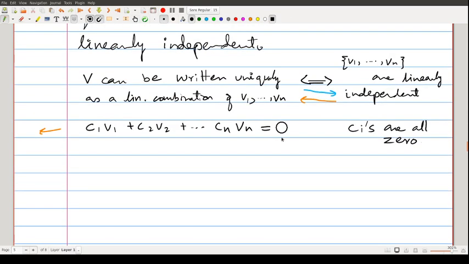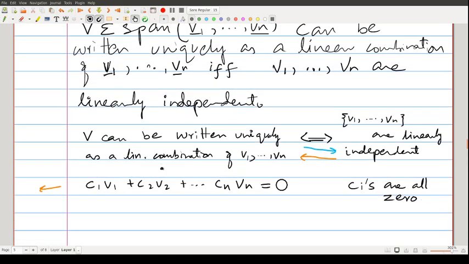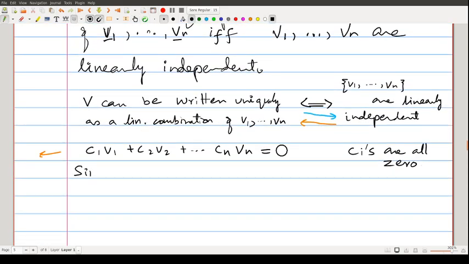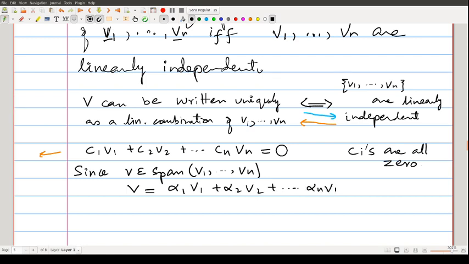And since v is in the span of v1 to vn, we can write v as alpha 1 v1 plus alpha 2 v2 plus dot dot dot alpha n vn.